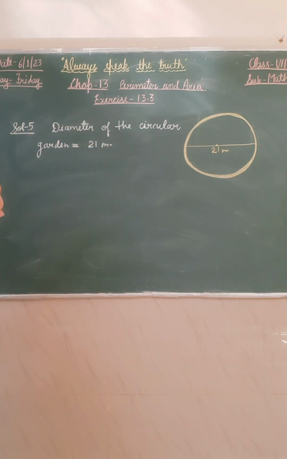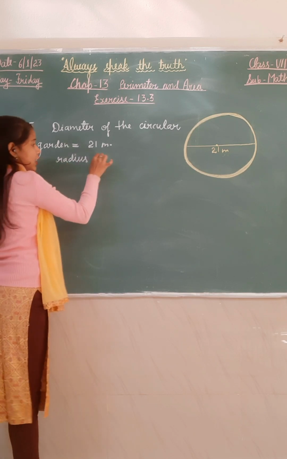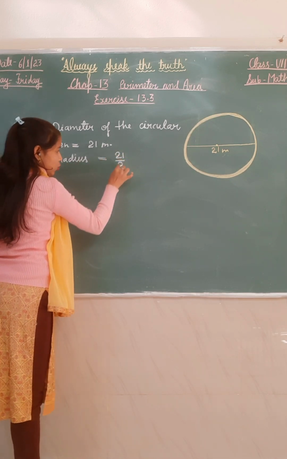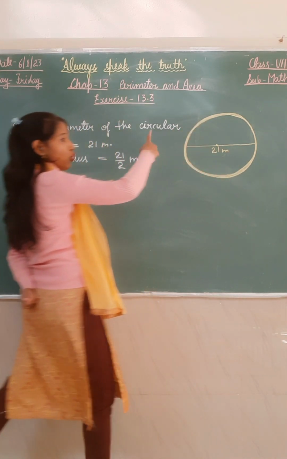So what will be the radius? Radius will be 21 by 2 meter, right? Now we have to find the rope needed to fence it.